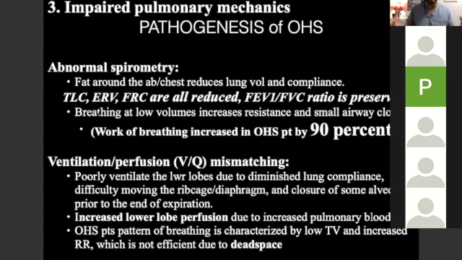So what is that? That's restrictive lung disease, right? So obese patients, and especially if there's a laparoscope in their abdomen and there's pneumoperitoneum, that's restrictive lung disease. So that is one impaired pulmonary mechanic that leads to OHS or hypercapnia, or a mechanism of alveolar hypoventilation.